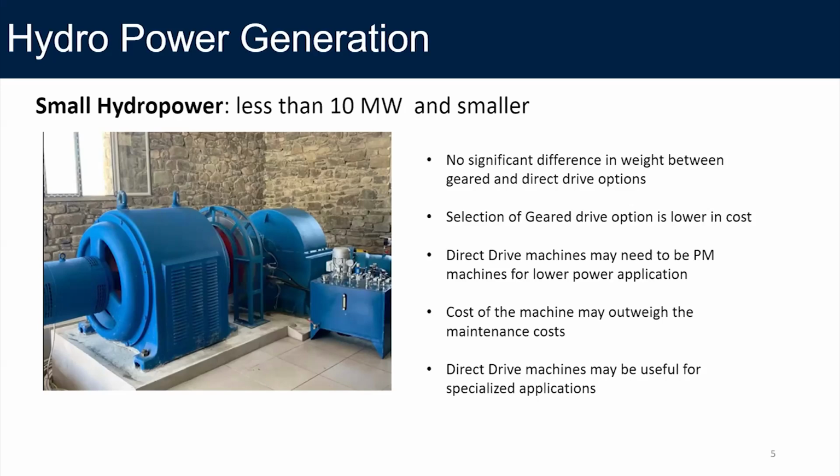In the end, it turns out that the main selection of whether to use a direct drive machine versus a geared machine comes down to cost, where if the cost of having a direct drive machine outweighs the cost of maintaining a geared machine, then that's the key decision-making point we have to consider.